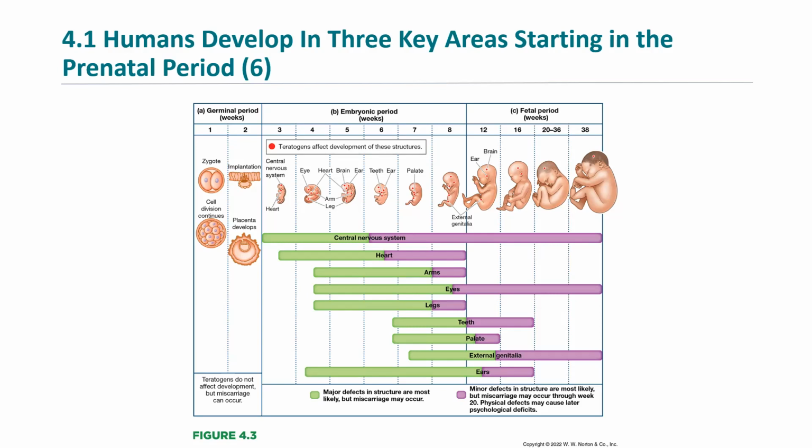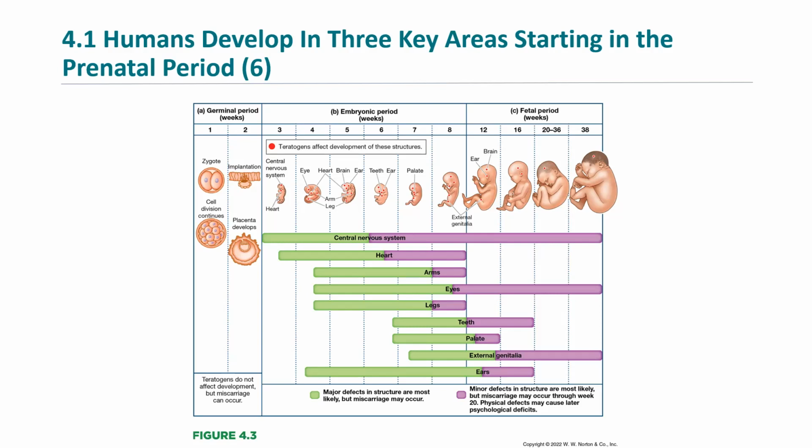Okay, during weeks 3 to 8, in the embryonic period, differences or problems in development can result in major defects in systems. It can result in psychological deficits, or it can result in minor physical defects in the structure of the embryo at this point.